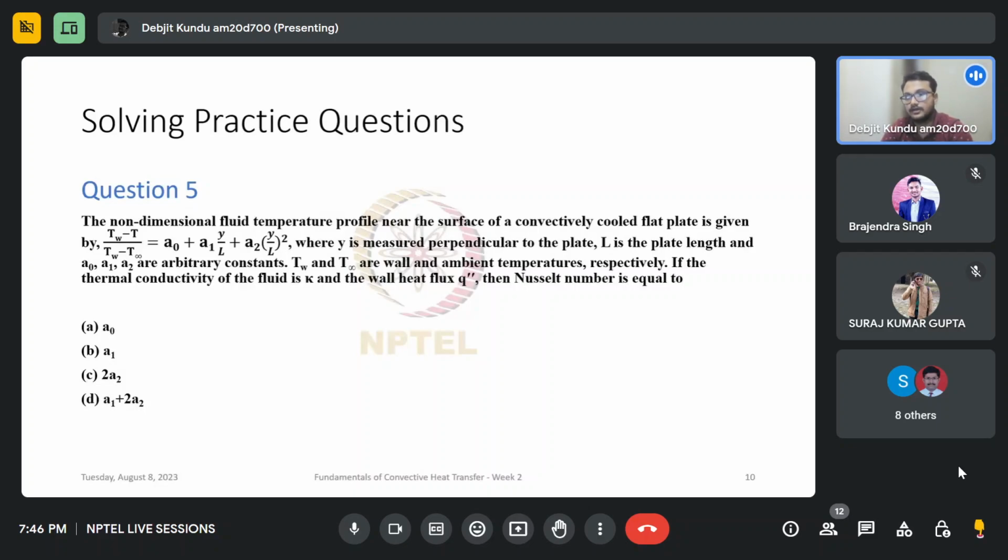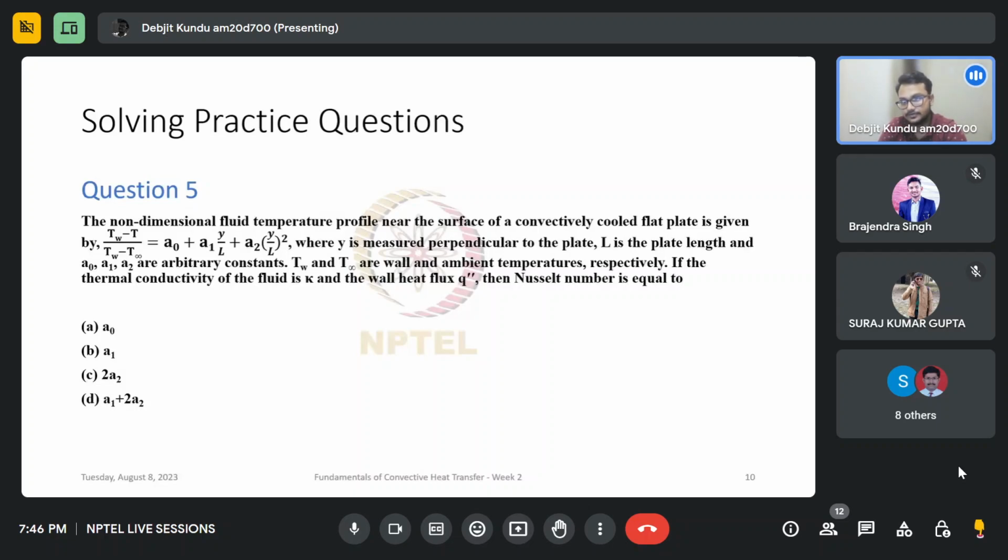Now, if TW and T infinity are wall and ambient temperatures respectively, if the thermal conductivity of the fluid is K and the wall heat flux is q double prime, then the Nusselt number is equal to what?